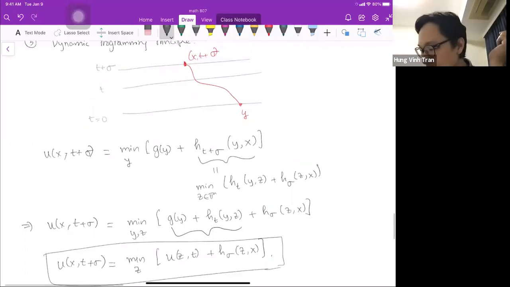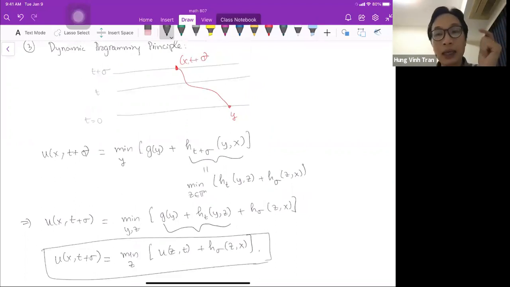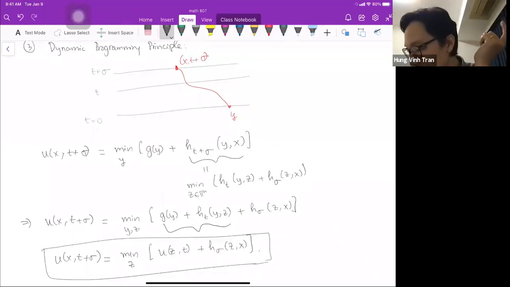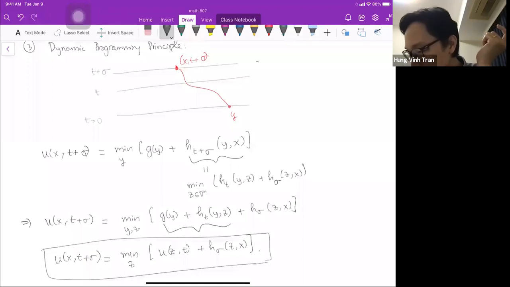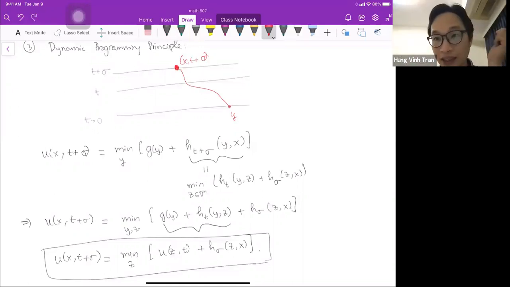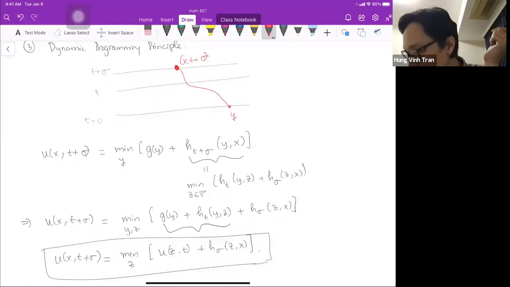What I'm saying here is that once you have an optimal path, it has to be optimal all the way. So you have the point x, t plus sigma here, and you want to go backward in time.